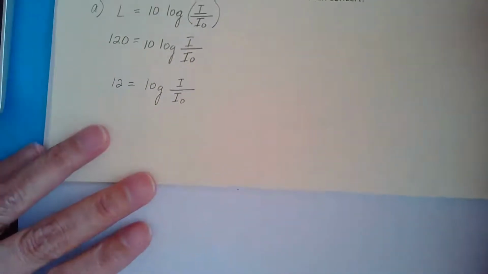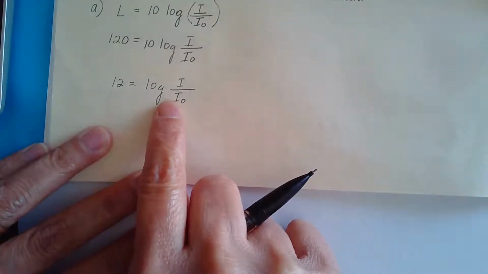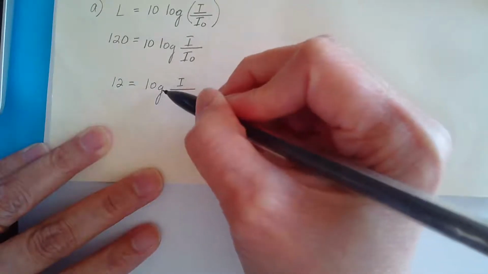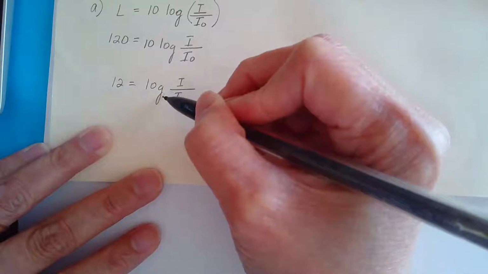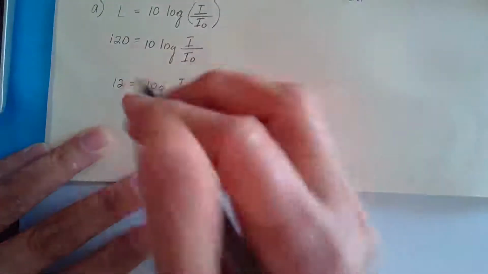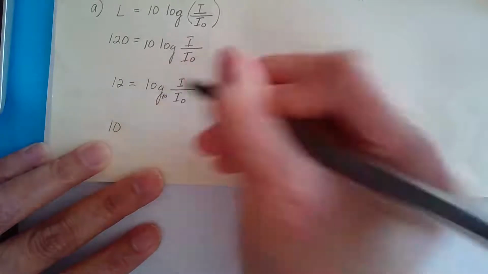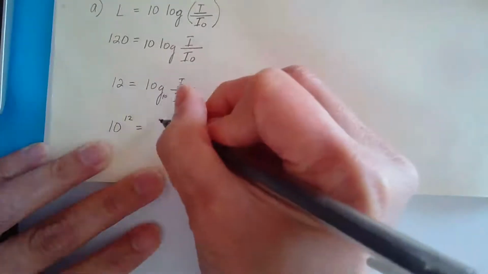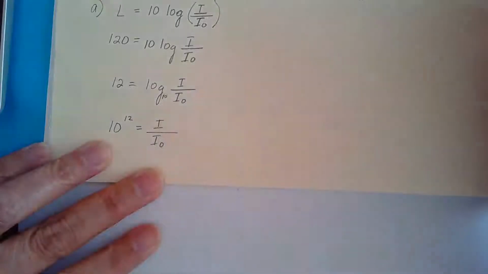Then from the logarithm form, we're going to change it into exponential form. Because there's no base stated here, this is a common log, base 10. So we can write that as 10, the base, to the exponent 12 equals I divided by I naught.